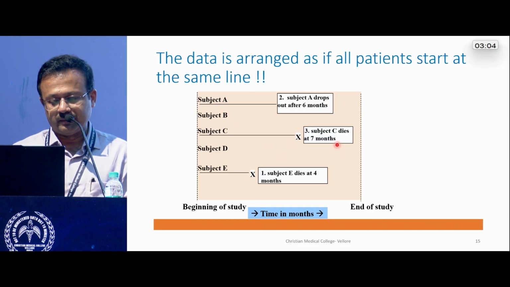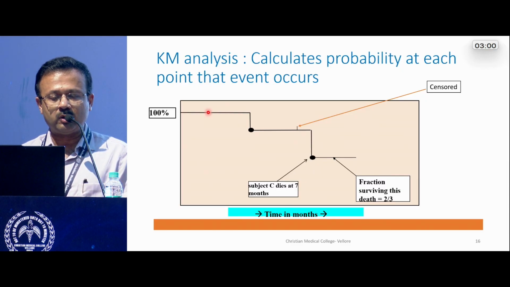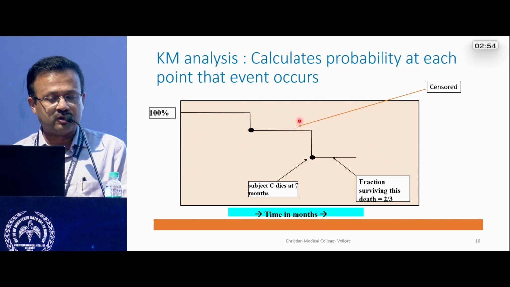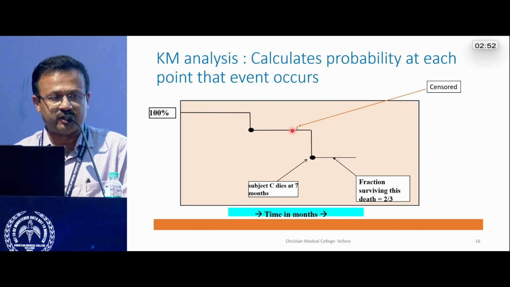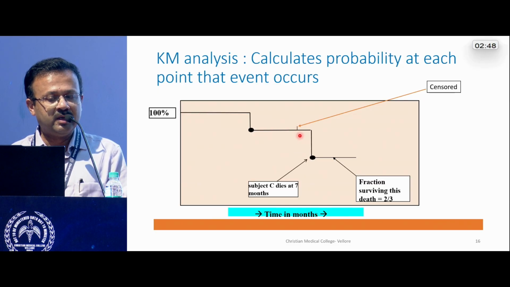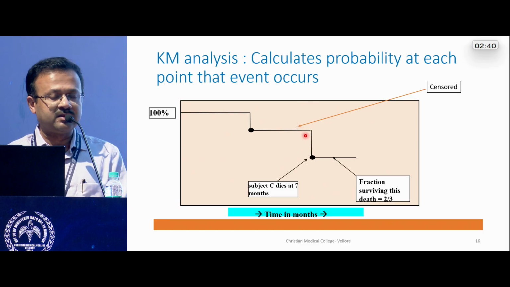Now, how does the survival analysis take it into account? You can see at 6 months that the patient has dropped or follow-up was lost. This is called the censored patient. There is no event. The data was used before this in the denominator, and that is the strength of censoring. This is usually the way censored patients are depicted.